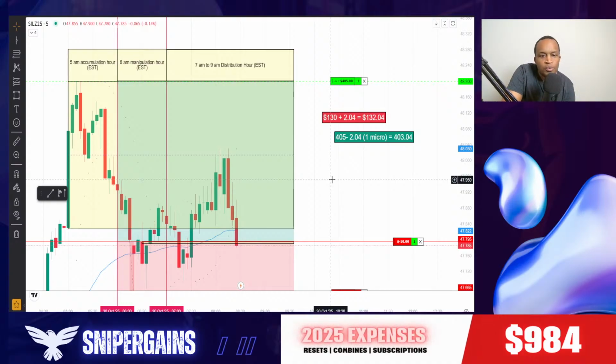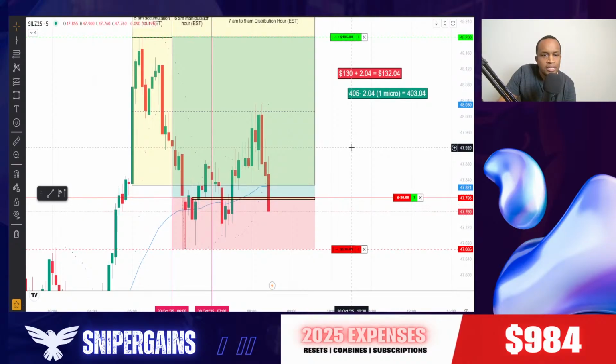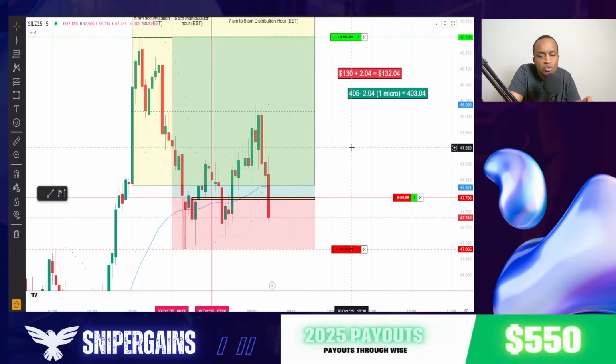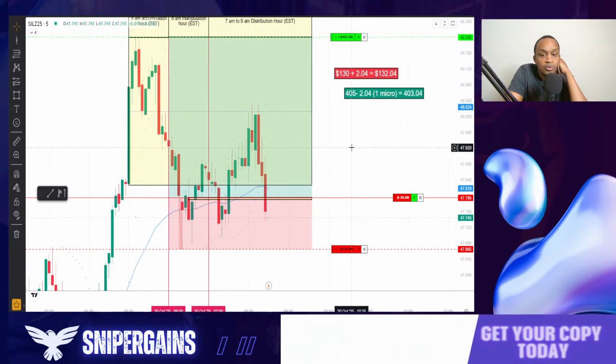So right now, you probably see that the price is going down. The reason why this is happening is because gold is taking a dump right now. If gold can't push up and it keeps going down, there's a good chance that this will probably be stopped out. So we'll wait it out and see if it will hold or not. Because gold, in my opinion, should have gone up, but apparently it wants to go down.